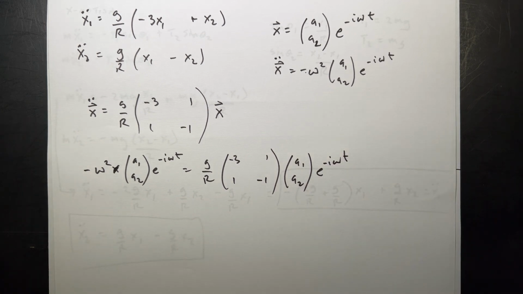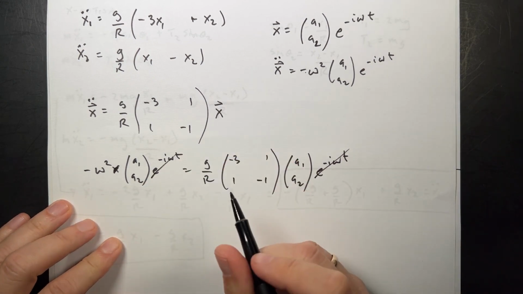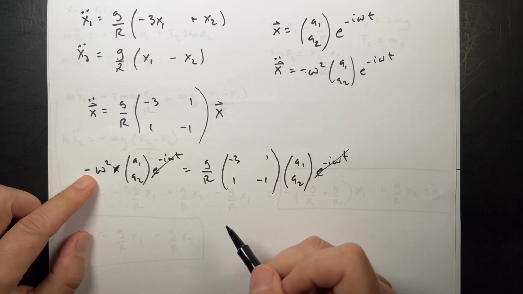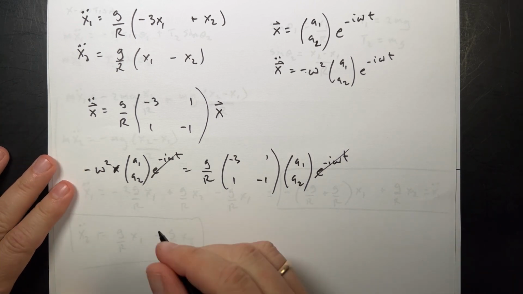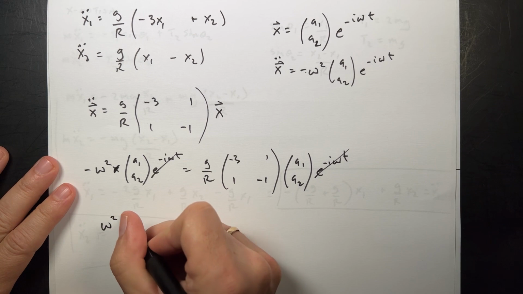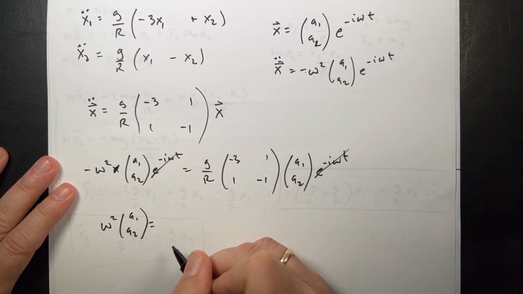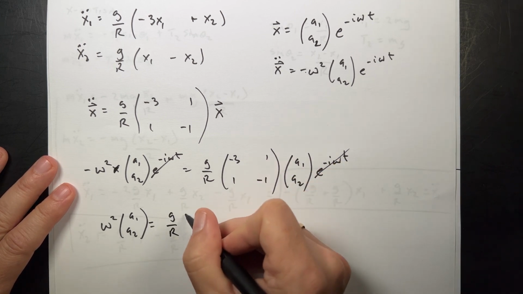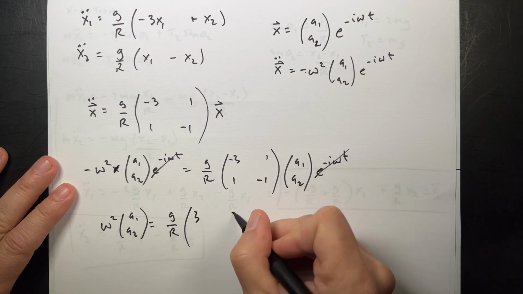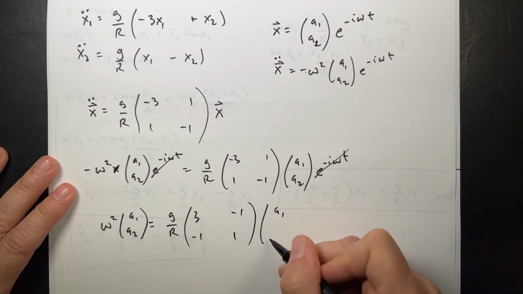And some magic stuff happens here. In particular, I can cancel these two terms. Yay. I'm going to multiply both sides by a negative just so it looks like the way we like it. So I'm going to say omega squared a1, a2 equals g over r, and I'm going to bring the negative sign in there, times the matrix 3, minus 1, minus 1, 1, times a1, a2.